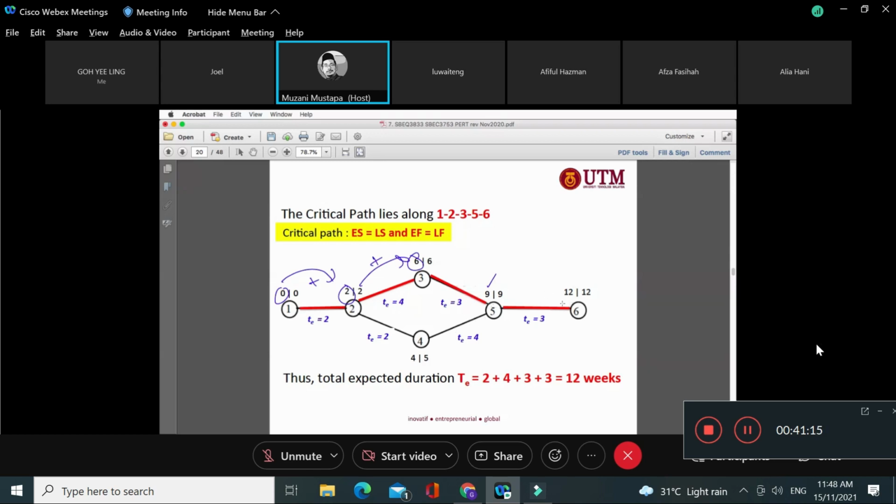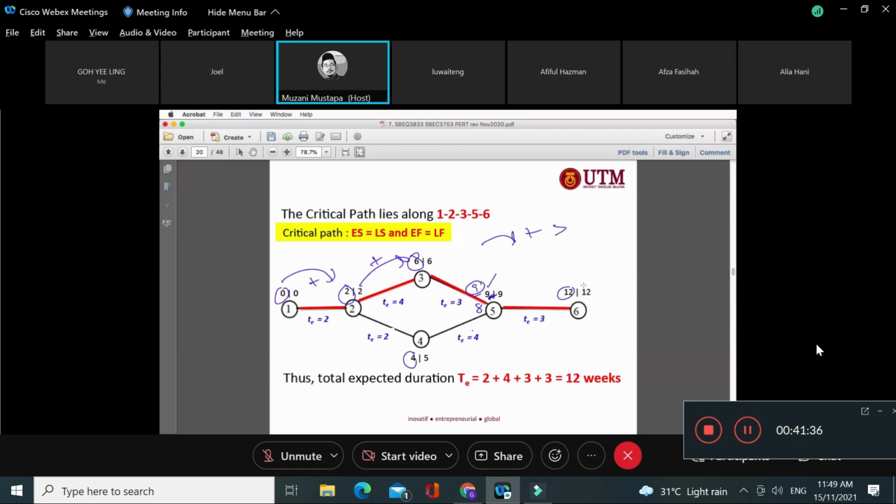So 0 plus 2 is 2. 2 plus 2 is 4. 4 plus 4 is 8. See? We have 9 and 8, but in CPM's rule, on the forward pass we take the bigger number, right? So we choose 9. So 9 over here. So 9 plus 3, 12.